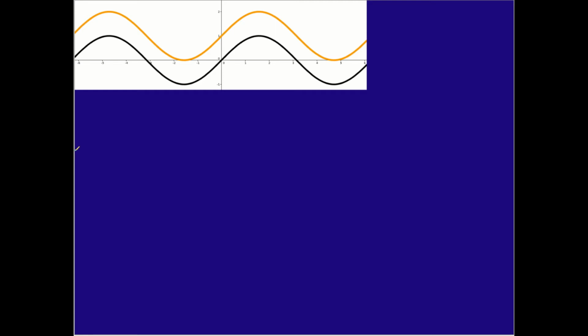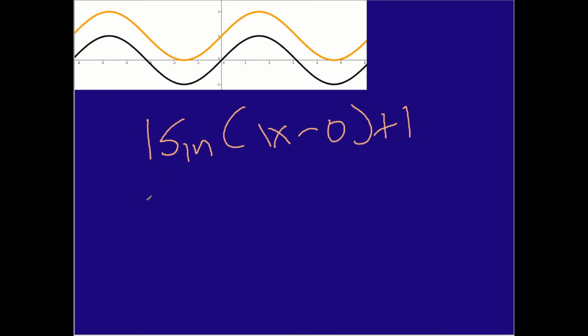In other words, the D value is going to be positive 1. So if I wrote the whole thing out, and I'm going to write out something that I don't necessarily need, just to keep this clear, it's going to be 1 sine times the quantity of 1x minus 0 plus 1. So you can see our A is 1, our B is 1 here, our C is 0, and our D is 1.